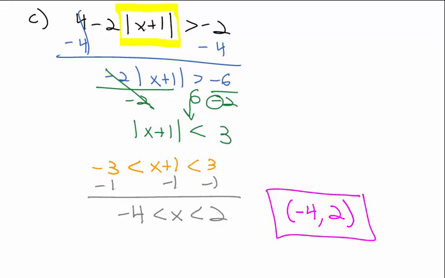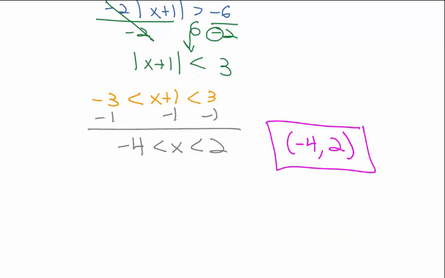So when the absolute value is less than a number, we set up this tripartite inequality because the distance is less than 2. It's between 2 numbers.